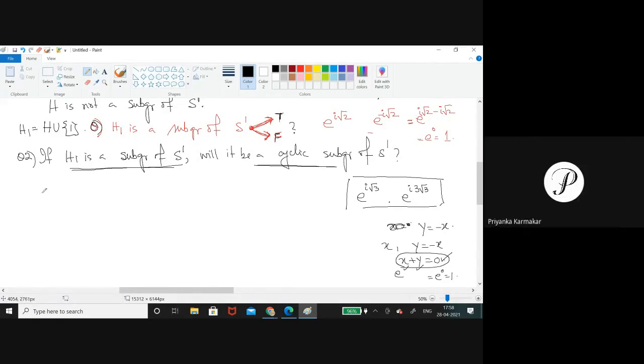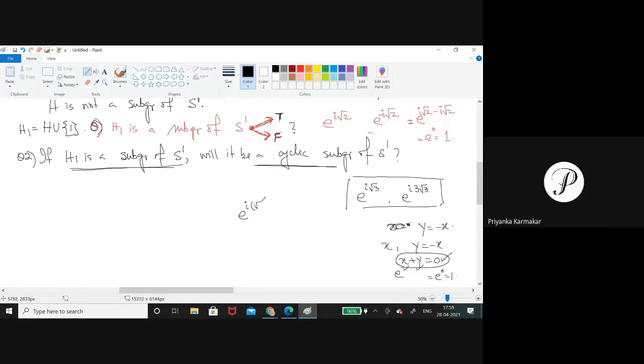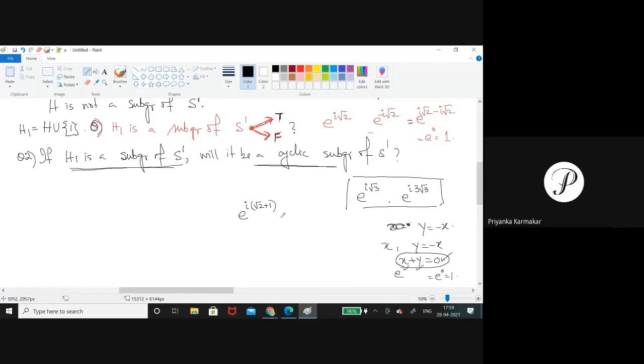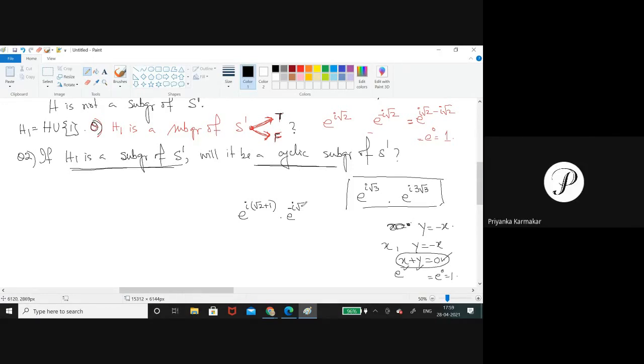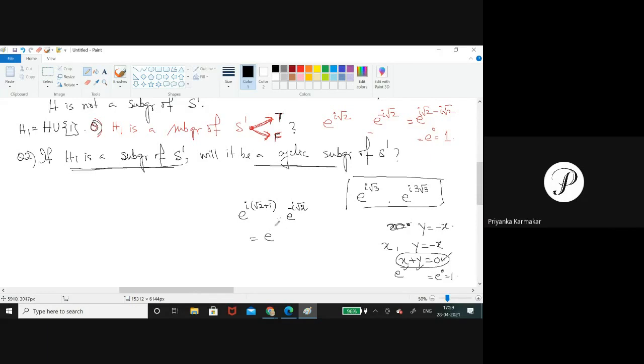Okay, tell me. Sir, if it is e to the power i into root 2 plus 1, and e to the power i into minus root 2, and if you multiply them, then we'll get e to the power i, which isn't an irrational number.